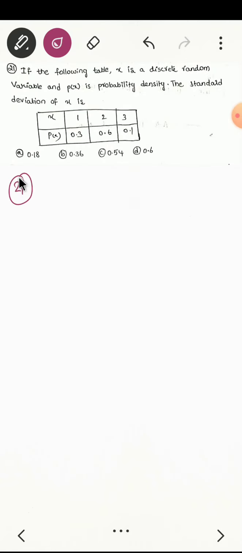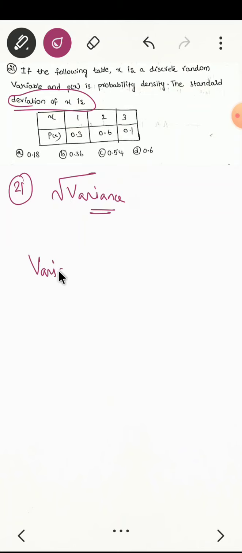Then problem number 21. They have given the table directly. If the following table is a discrete random variable, they are asking for the standard deviation. Standard deviation is root over variance. First find variance, which is E of x square minus E of x whole square.